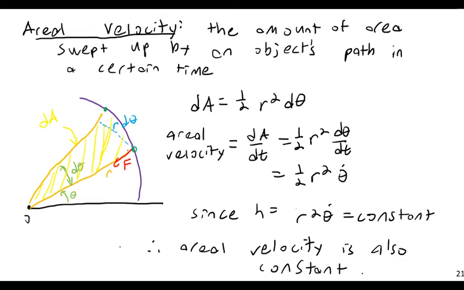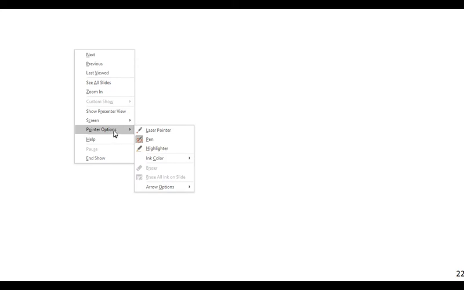Okay, and from this, let's also look at the law of gravitation. I just want to briefly mention this, although you've seen it in physics class, because we will be using this in some later examples.